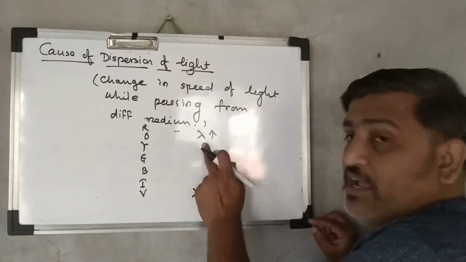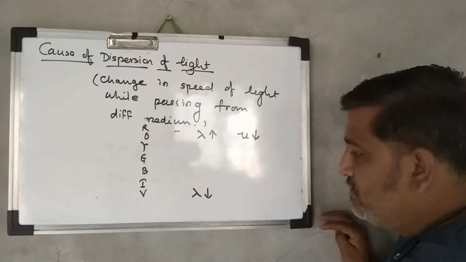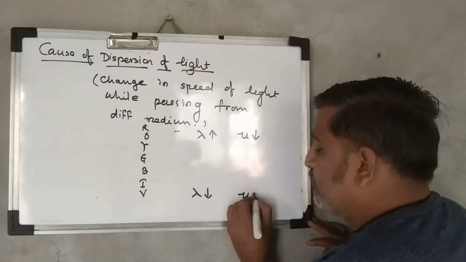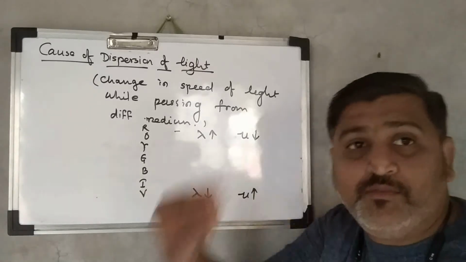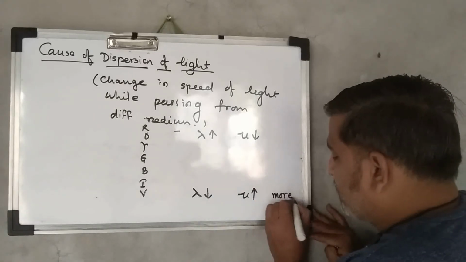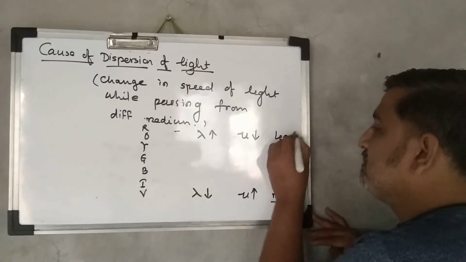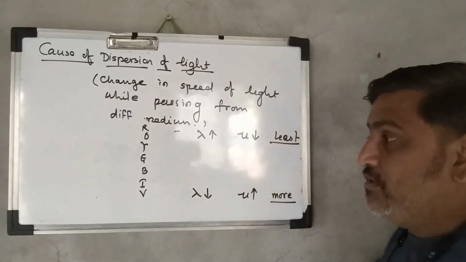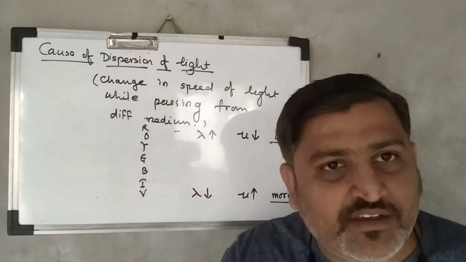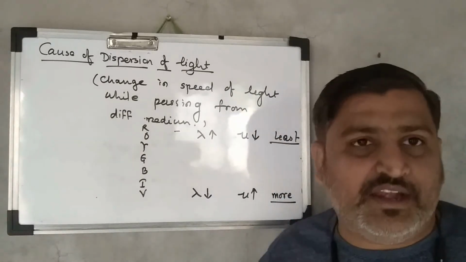Because of its high wavelength, the refractive index of red is lesser, while because of its lower wavelength, the refractive index of violet is more. So the bending of violet color is more, while red color bends the least. When violet color passes from air, it gets bent more than the red color.